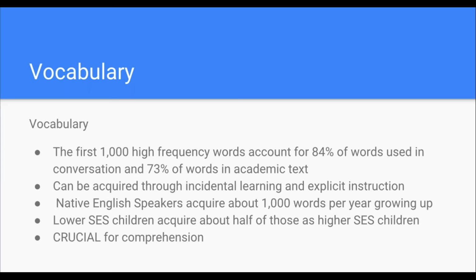So if you think about by the time we got to high school, if I learned 18,000 words and maybe someone next to me who didn't have the same opportunities was only learning 9,000 words. So that is huge as far as language development, comprehension, that kind of stuff. So again, this is why it is so important that we teach the vocabulary.